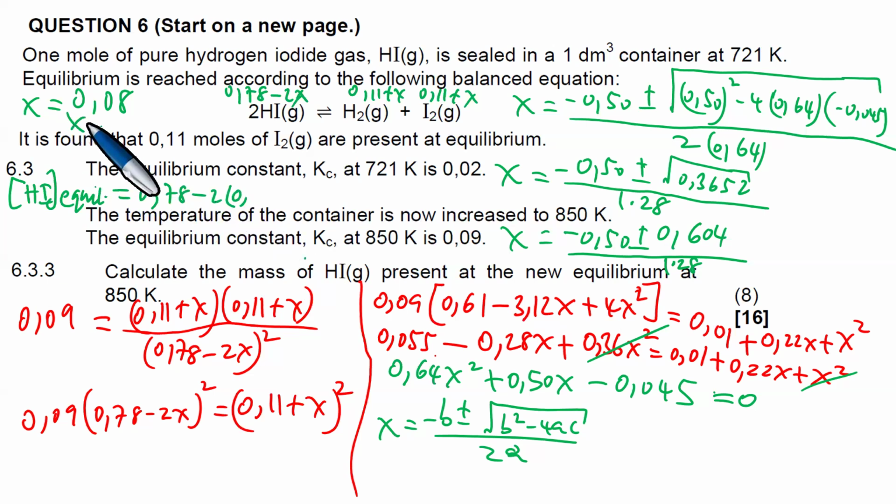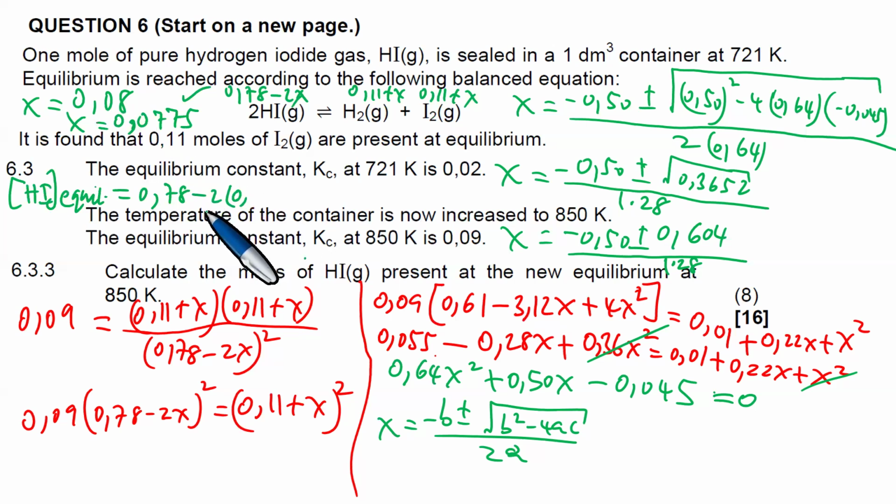Okay, this x is 0.08, but if you do it, there's a more accurate result, which is 0.0775, if you take more decimal places. So I'm going to use this more accurate one, because this one is rounded off.